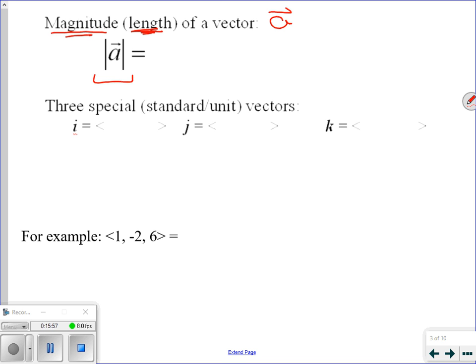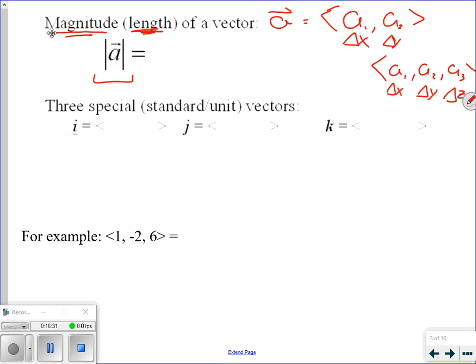Vector A can be written as a horizontal component, we'll call that A1, and a vertical component, we'll call that A2. This is the change in X, and this is the change in Y. We can also have more than one component, like a Z component. We could have A1, A2, or A3, a change in X, a change in Y, and a change in Z if we have a third dimension.